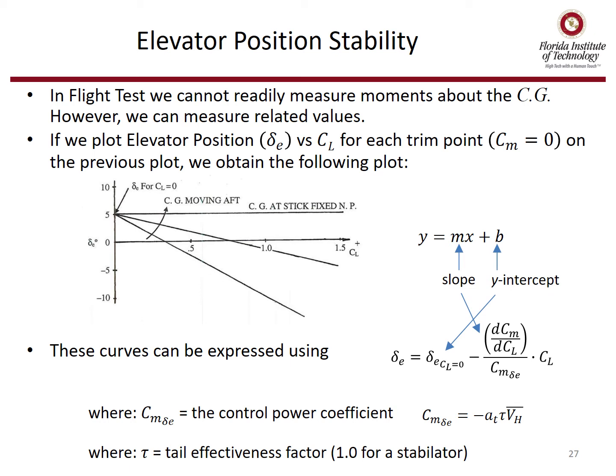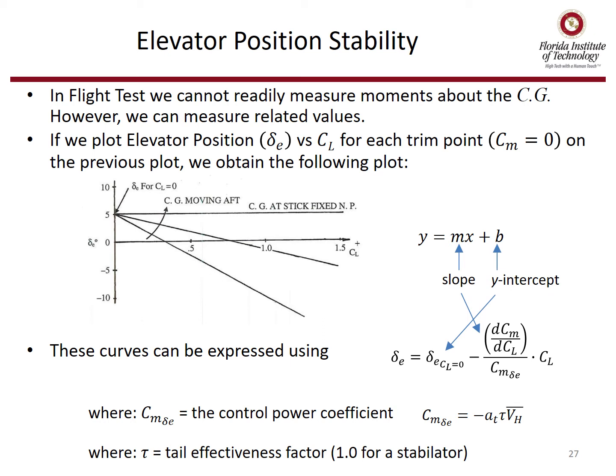We'll see that the slope of the delta E versus CL plot changes based on where the CG is. The one with the most negative slope is where the CG is the most forward. As the slope gets shallower, the CG is moving aft, and at one point the slope is going to be 0, and that's our stick fixed neutral point.